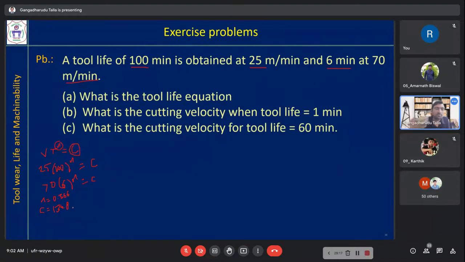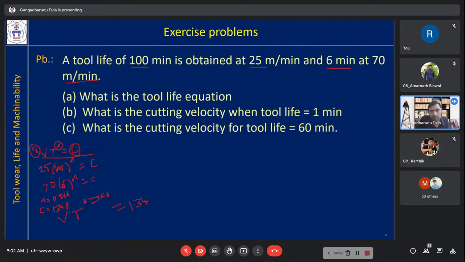For any value, force value, or anything, you think about the range after getting the value. Okay, so these are n and C values. So you will put them here and that is the solution for part A. So you will now write V T power 0.366 equal to 134.8.